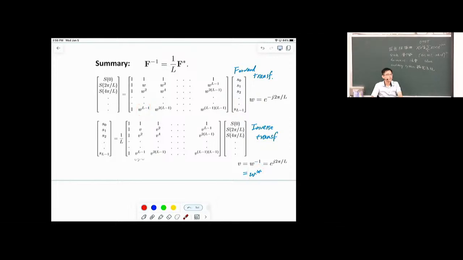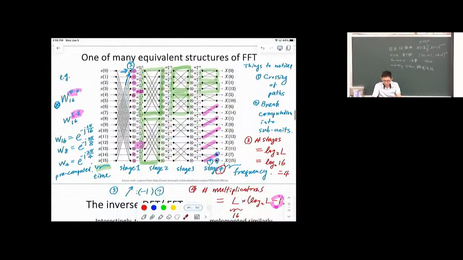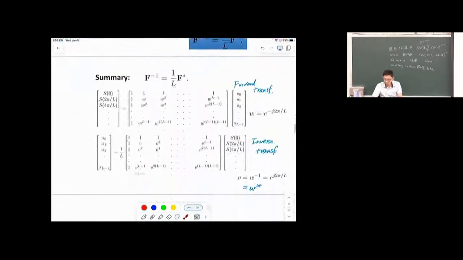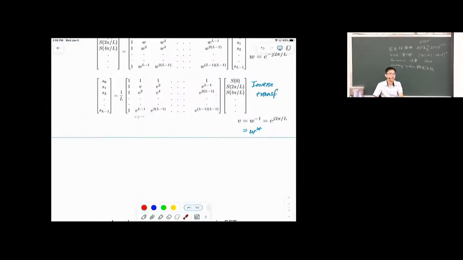So when we go back to the flow here, just change W to V, and you have an implementation of inverse FFT, which goes from the frequency domain to the time domain. The computation load will be exactly the same, so don't worry about that. The structure will also be the same.